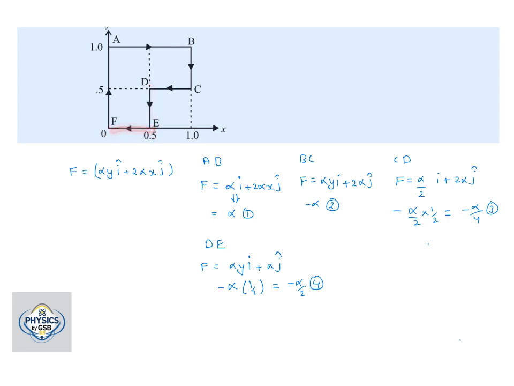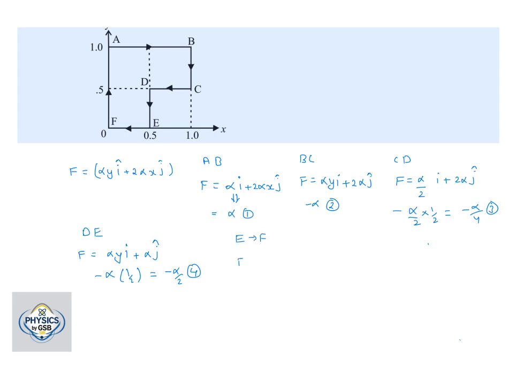And once again from E to F. Okay, let me put it here. Now we are moving from E to F. Once again, F will be equal to alpha y I cap plus twice alpha x j. This is 4, sorry.